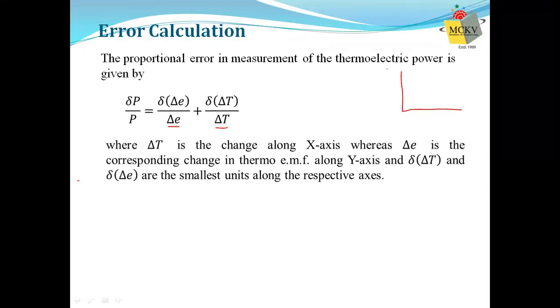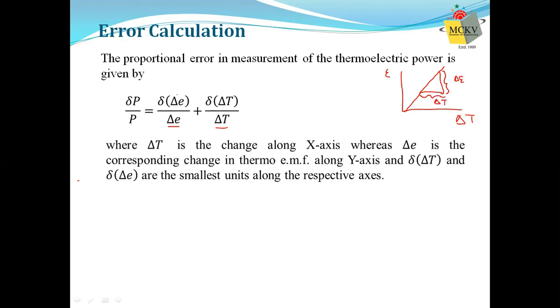Remember, this was E, this was delta T, and this was your straight line. And if you remember, you had drawn a triangle to find out the slope. This was your delta E from your triangle, and this was your delta T, which you used to calculate the slope.